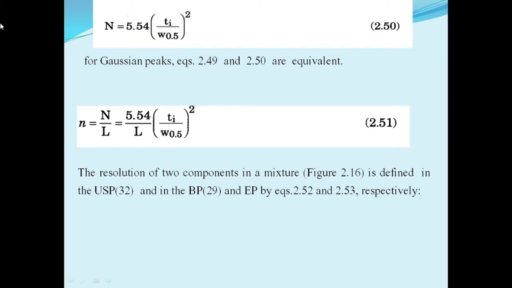Small n is equal to capital N upon L, which is equal to 5.54 upon L into Ti upon peak width at half height, squared.